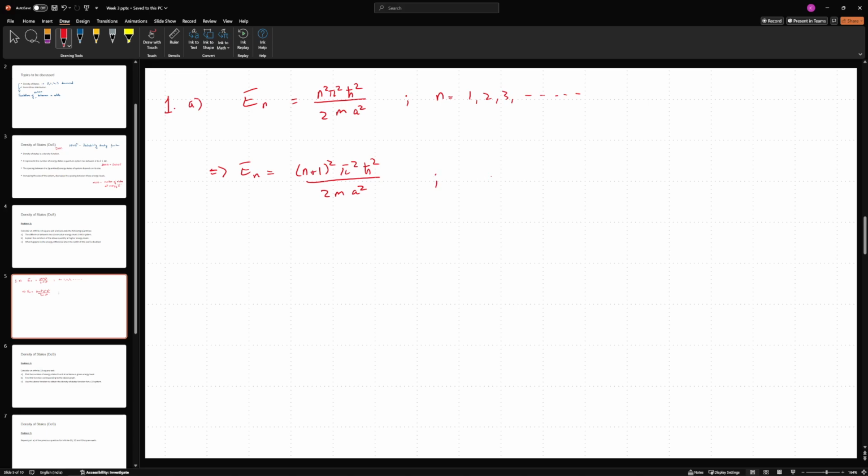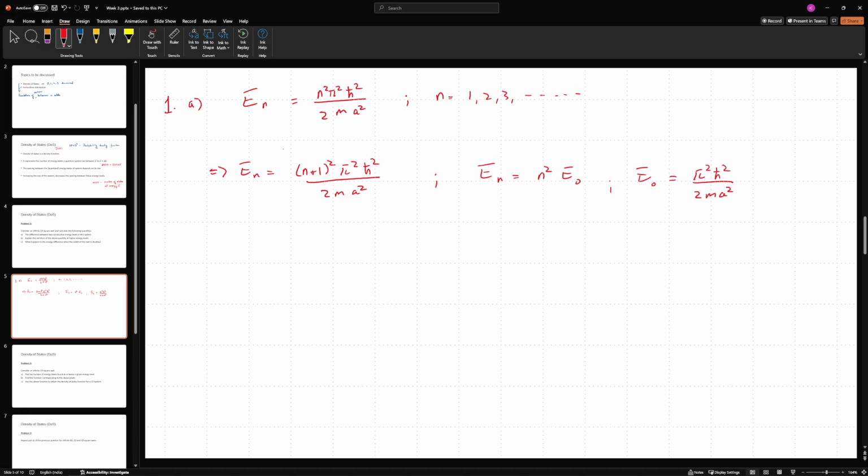So I can in general say that E_n is equal to n squared E naught, where E naught, the ground state energy of the system, is given by pi squared h bar squared divided by 2 m a squared. So E1, the ground state energy, is going to be E naught, E2 is going to be 4 times E naught, E3 is going to be 9 times E naught, and so on and so forth.